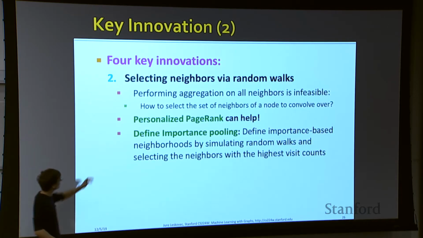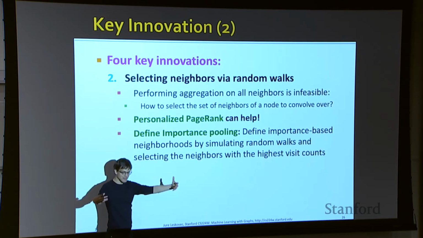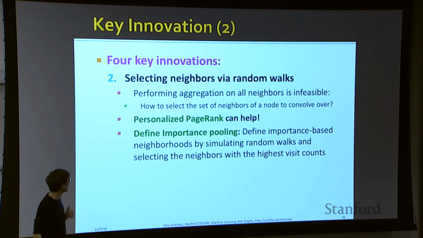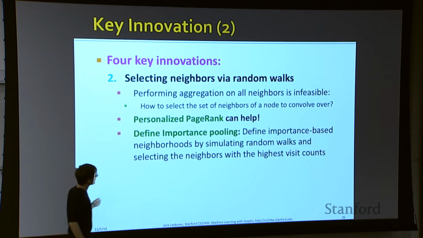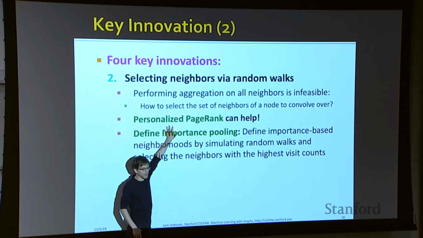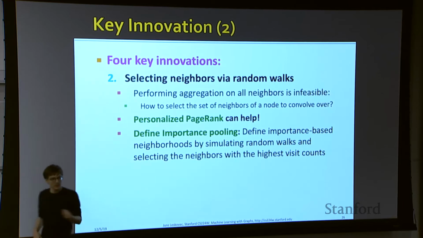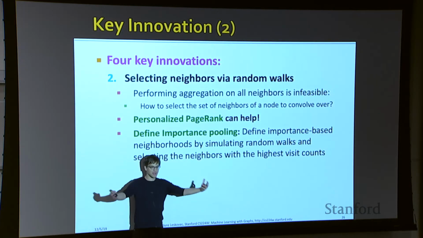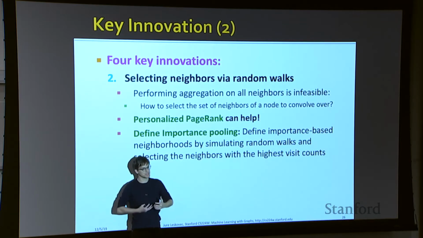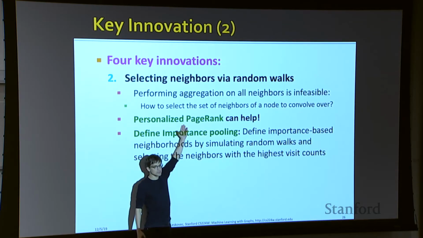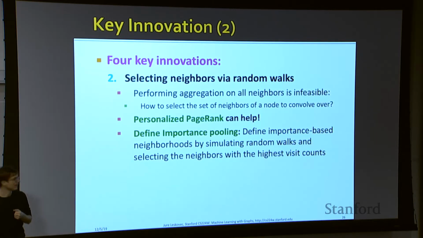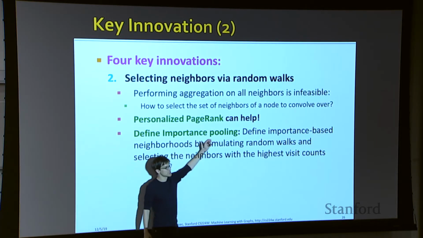We want to somehow intelligently select which neighbors we are going to aggregate from, so that we don't aggregate from all the neighbors in the graph. And the way we will do this is that we will use PageRank to identify the most important neighbors to aggregate. And when we aggregate, we won't aggregate by just averaging or summing up the signal from the neighbors, but we will use these PageRank scores to do this in a weighted manner. And this is called importance pooling.